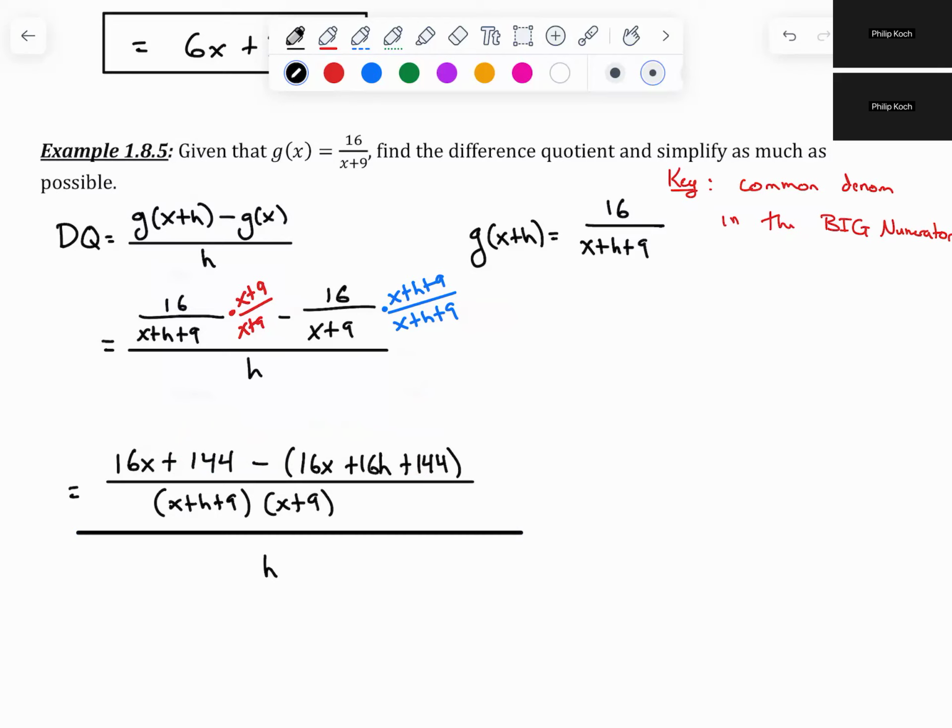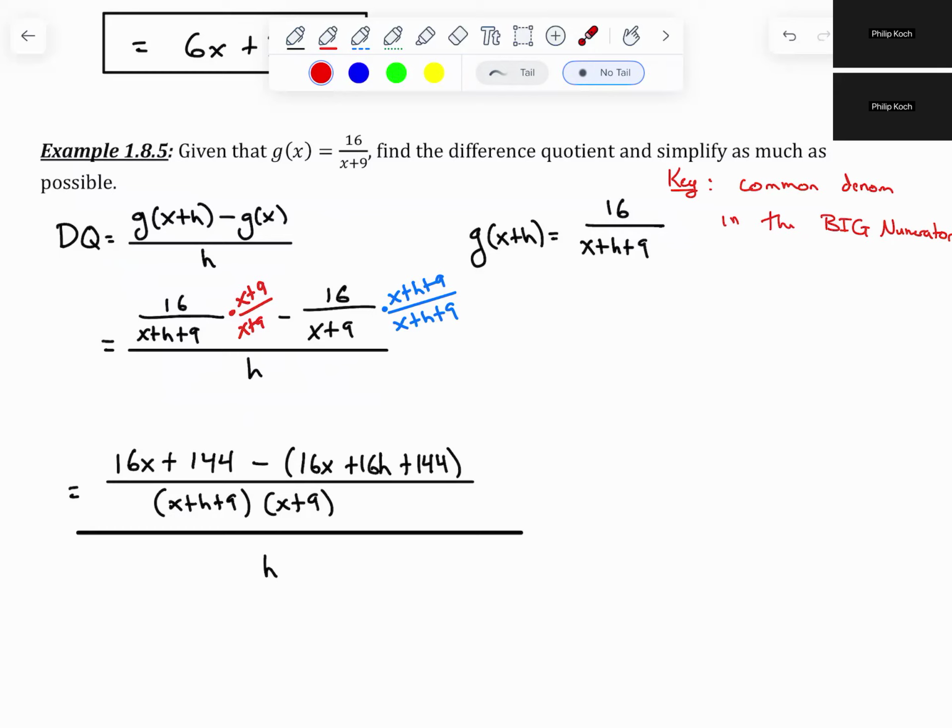So by multiplying by what I did in red and in blue, I have guaranteed that these two fractions in the big numerator will have the exact same denominator of x plus h plus 9 times x plus 9. So I can just immediately combine the small numerators together in that way. And I will go from there.